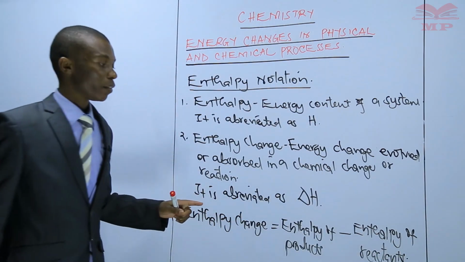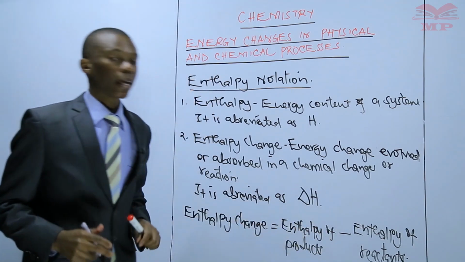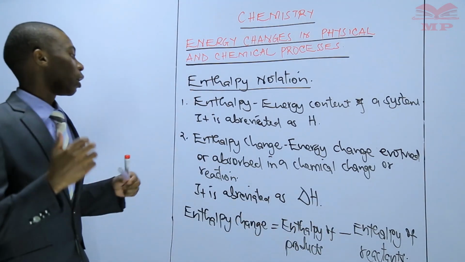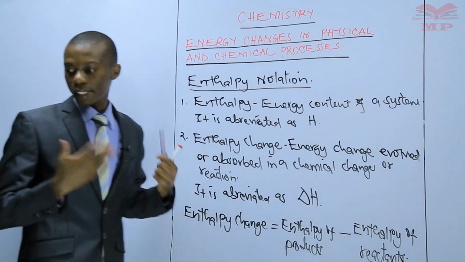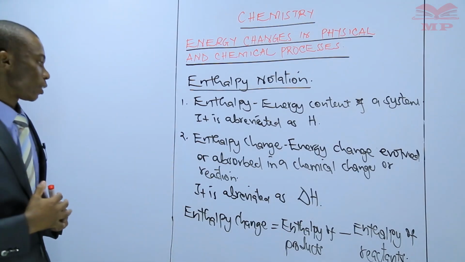So enthalpy change is given by enthalpy of products, you subtract enthalpy of reactants. That is how you are able to get enthalpy change.